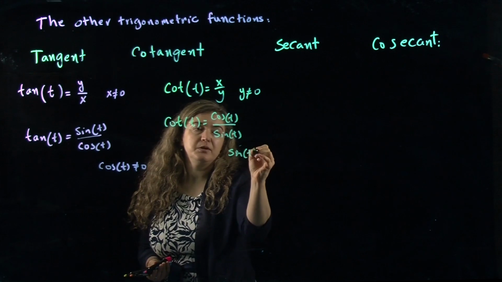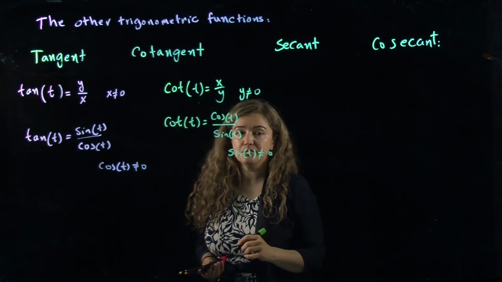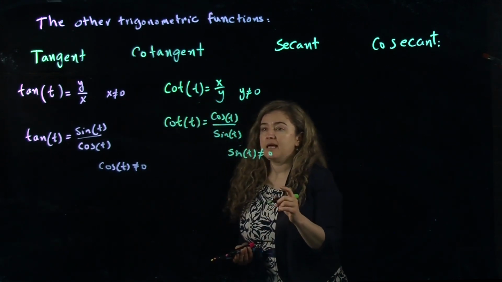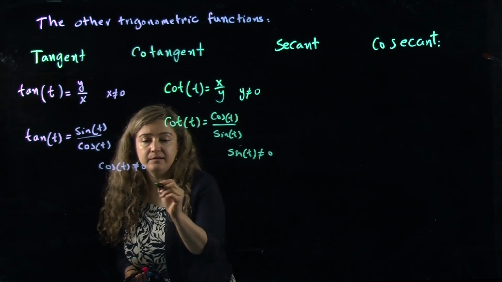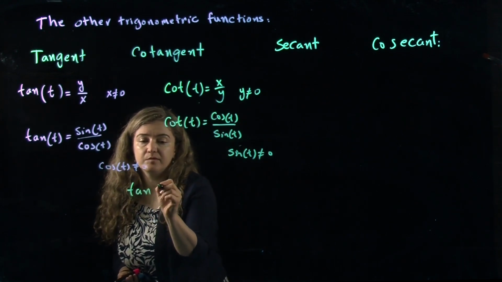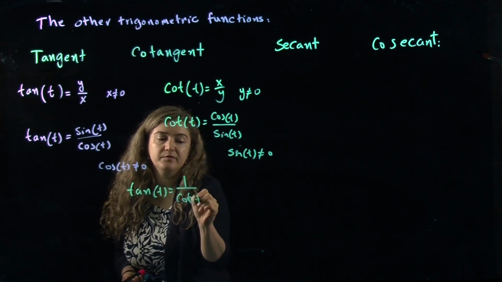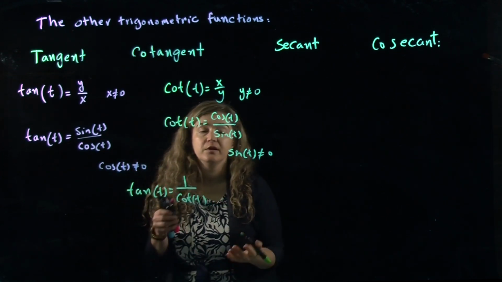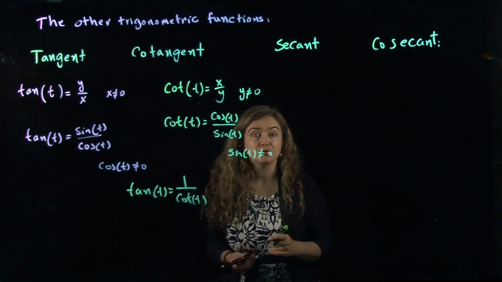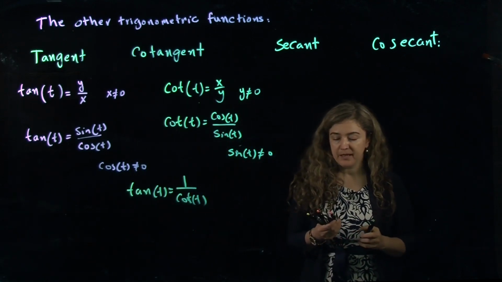This is defined when sine of t is not equal to 0. Again, tangent of t is equal to 1 over cotangent of t. They're reciprocals of each other. Or cotangent of t is equal to 1 over tangent of t.